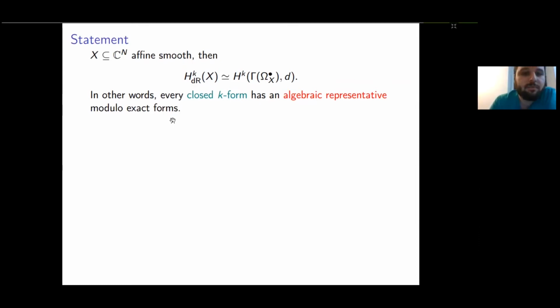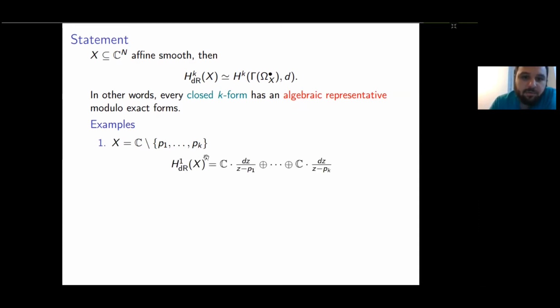So first of all, let me show you some examples to explain why this is always the case. The first example is the following. Consider X to be the usual complex plane, or the affine line, minus a finite set of points.